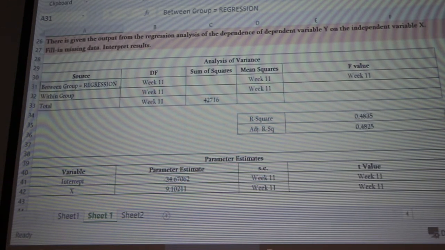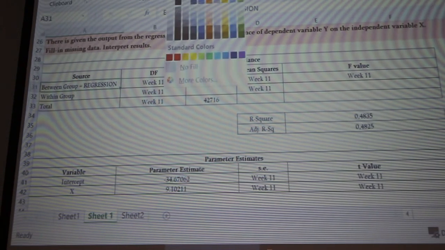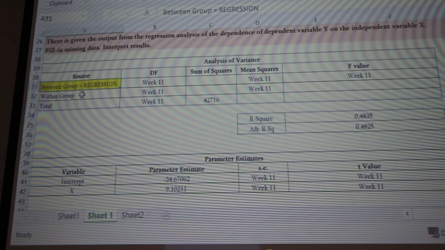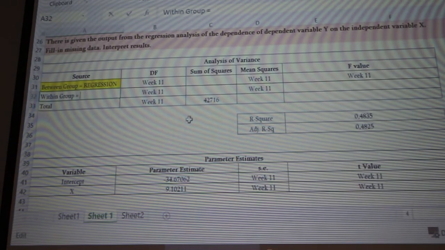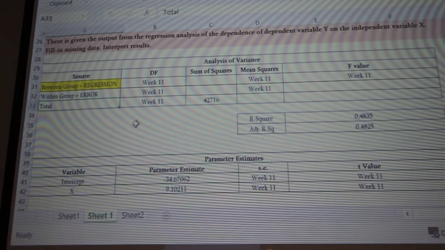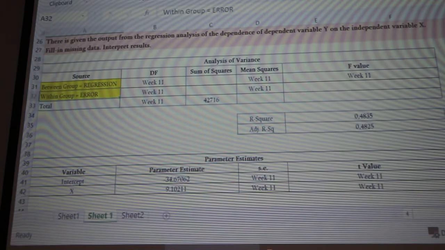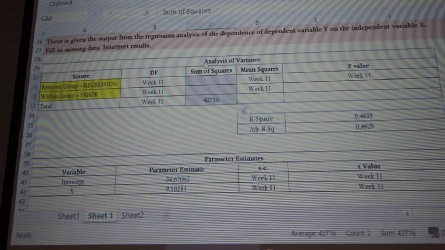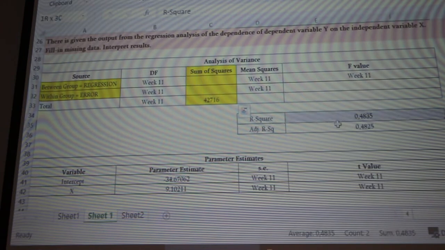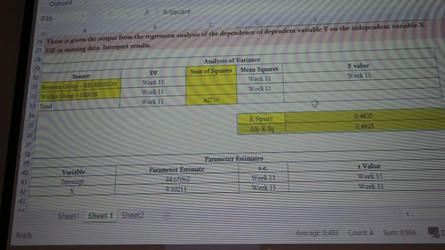Yes, between group is regression, within group is error, and the total is total. So please check these cells.